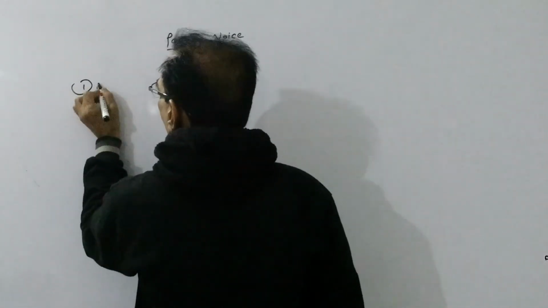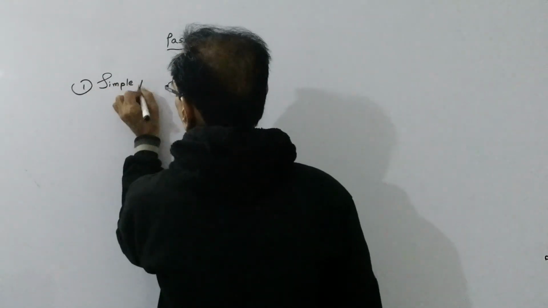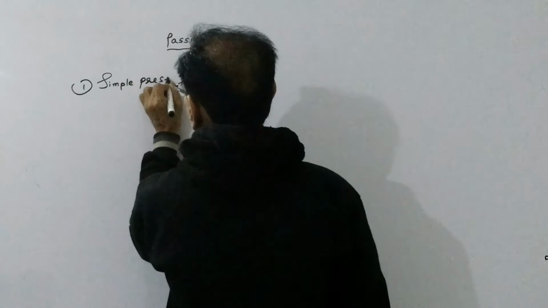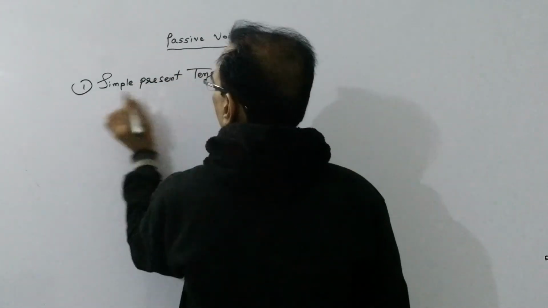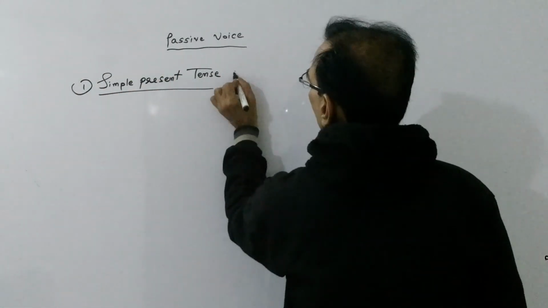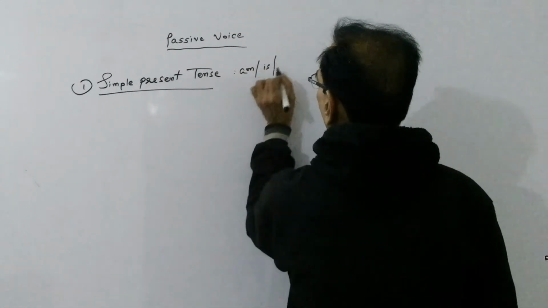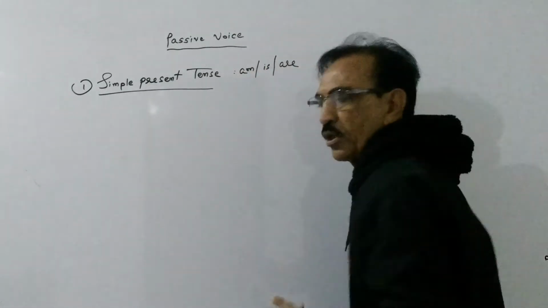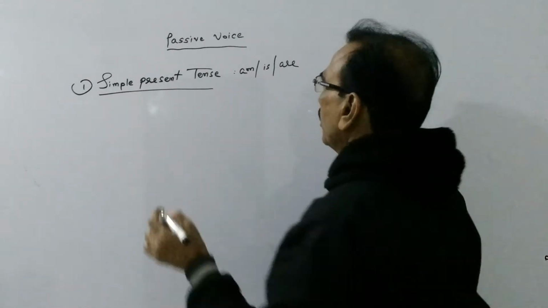One, simple present tense. Passive voice, simple present tense. So we have to use am, is, are. You should remember these things at a glance.